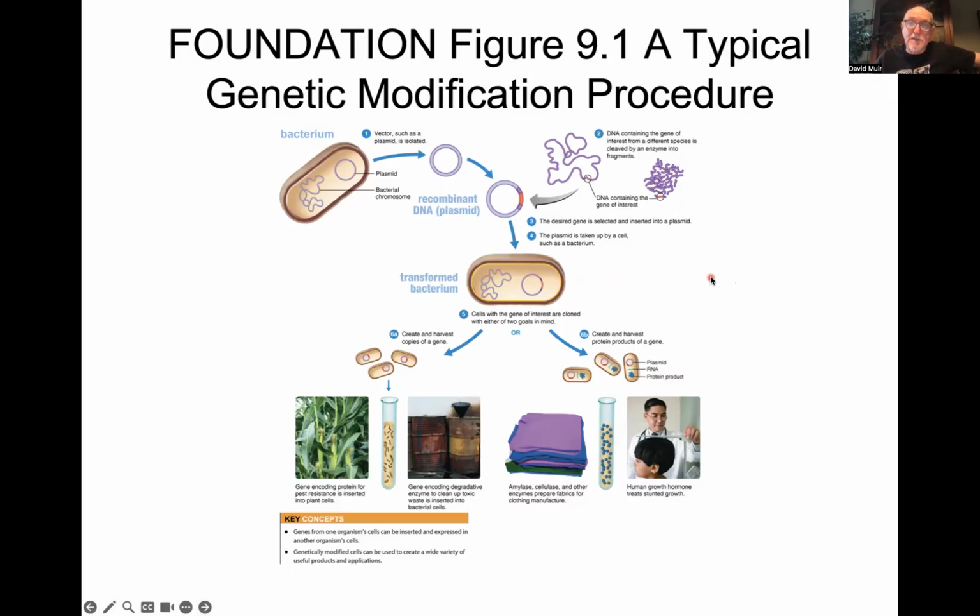Yeasts, single-cell fungi, are also used. The end result is that we commandeer the functions of a normal cell and get it to do things which are useful to us. We can modify many, many different organisms in this fashion.